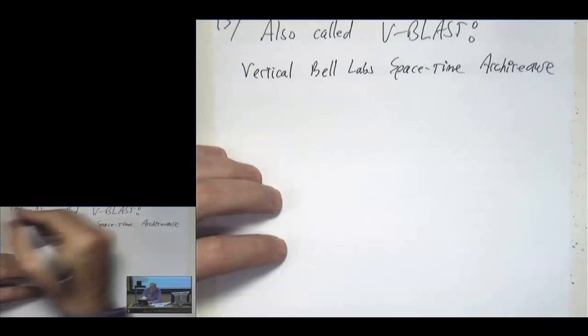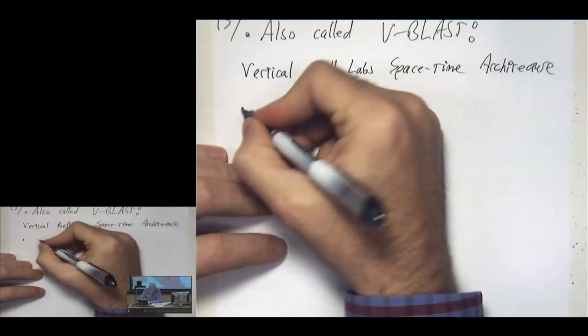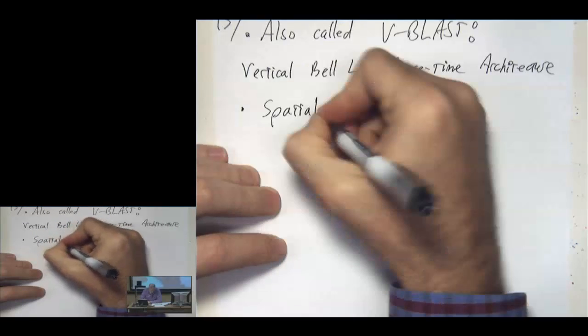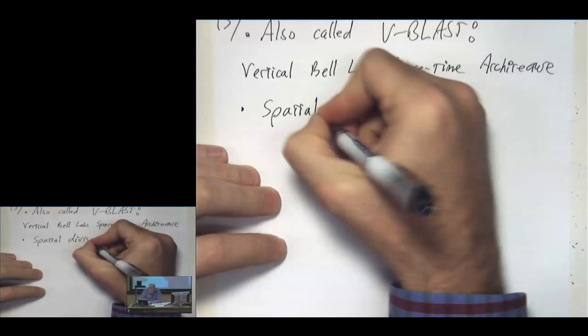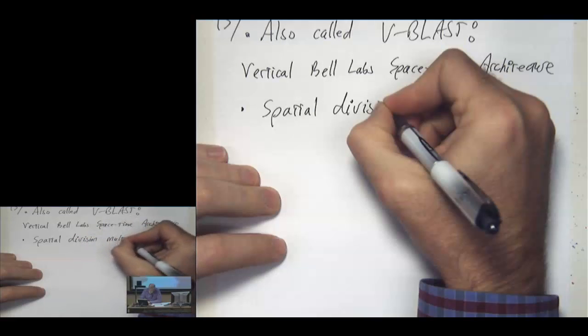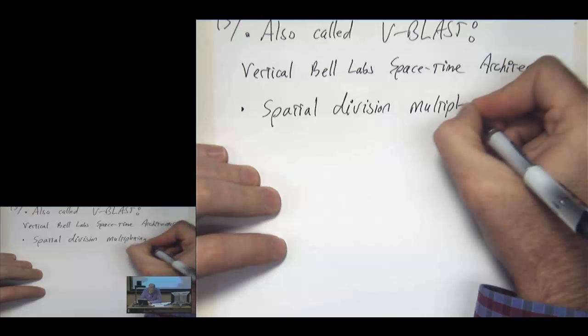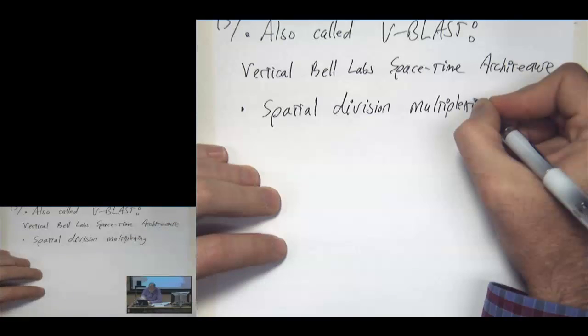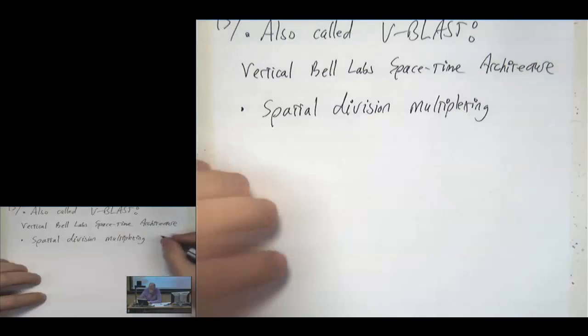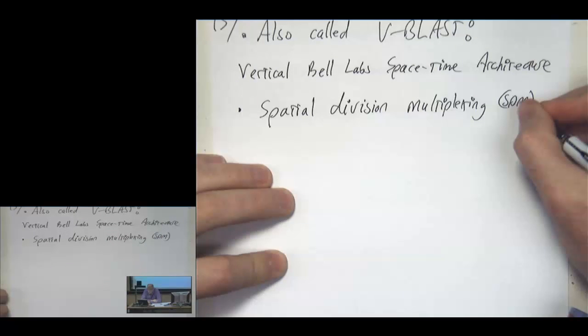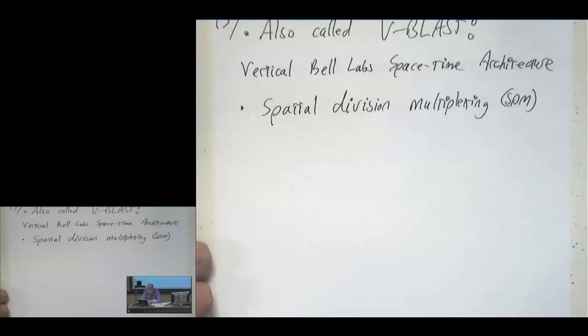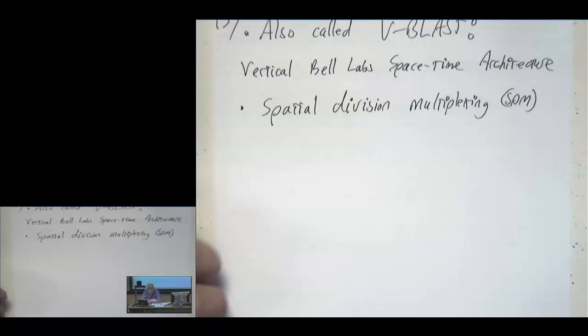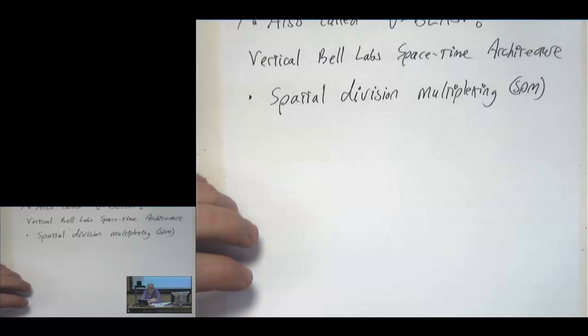Now, another name that this goes by is spatial division multiplexing. And this happens in at least 802.11n and maybe 11ac as well. And they call this SDM here. Why do they call it spatial division multiplexing? Well, I asked them at one point when they were developing it why they didn't use spatial multiplexing. And as I've mentioned before, a lot of times in standards, people want to come up with a different name to help distinguish their intellectual property from other previous intellectual property.